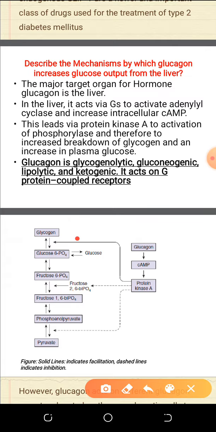This line shows activation, and the dashed lines indicate inhibition. So glucagon inhibits the formation of fructose 2,6-bisphosphate, which is needed in glycolysis to proceed all the way to pyruvate. So it inhibits the synthesis of this.